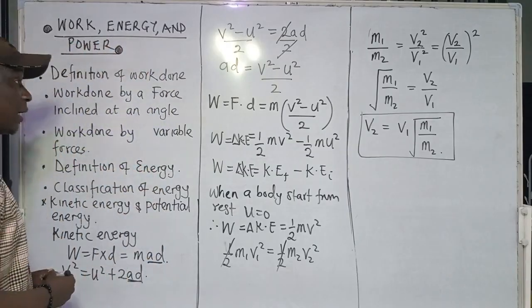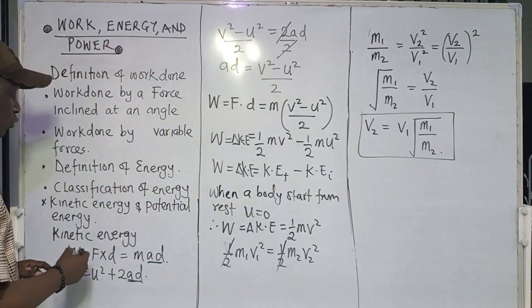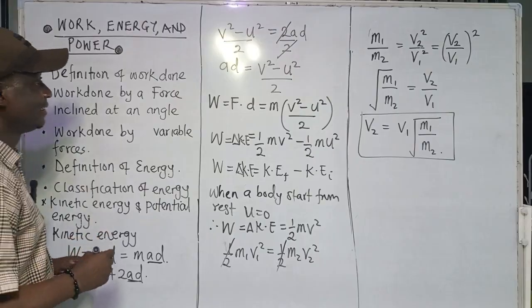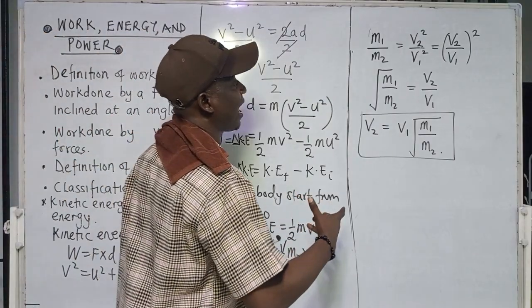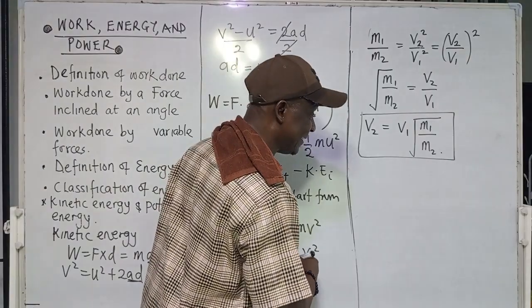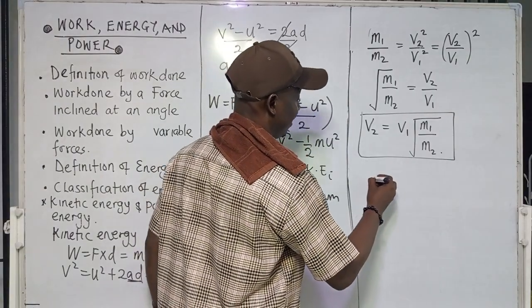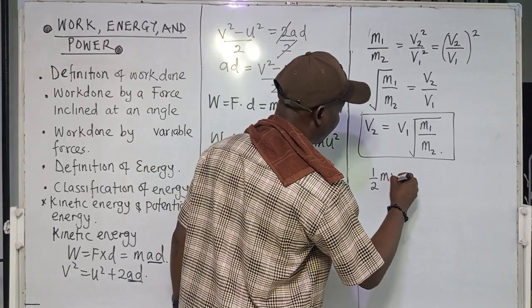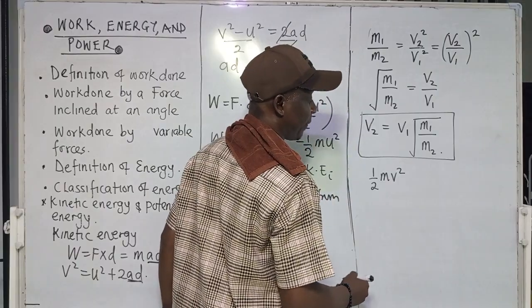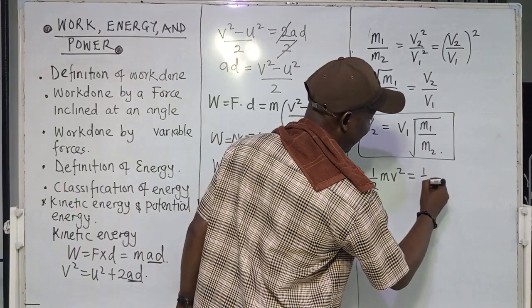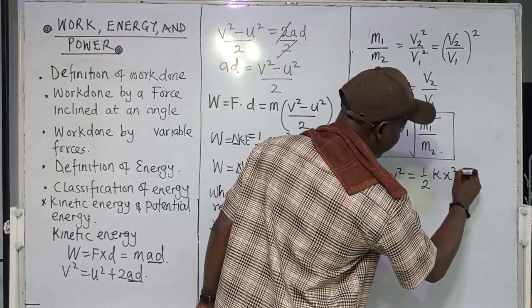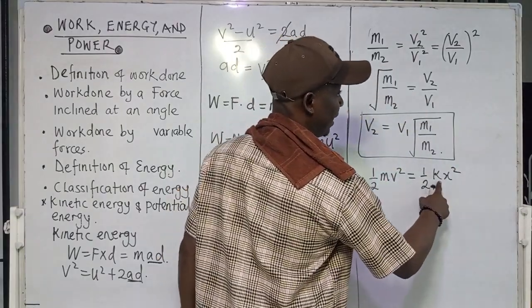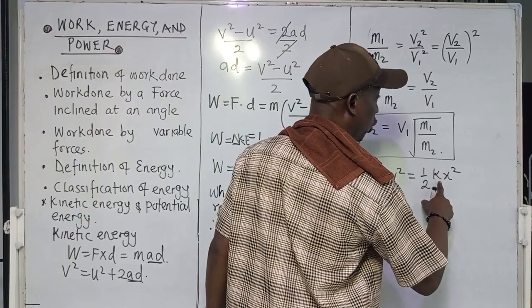The last one I want to talk about now: don't forget that when a catapult is fired, the motion of the stone fired from the catapult comes from elastic potential energy, the energy stored in the string.